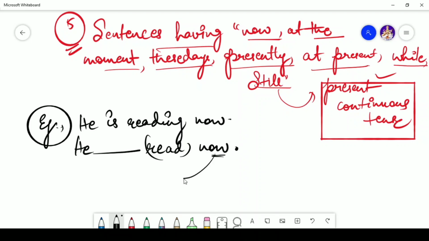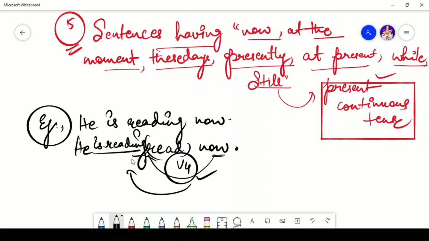So when you see now, you will remember that whenever the sentences have words like now, you are going to use the verb in the form of present continuous tense. Means you are going to use the V4 form of the verb. So that will be he is reading, because I already talked about the rule when I was talking about the sentence arrangement, that the sentence is followed by subject plus is, am or are, then V4 form of the verb comes. Okay, so he is reading now.